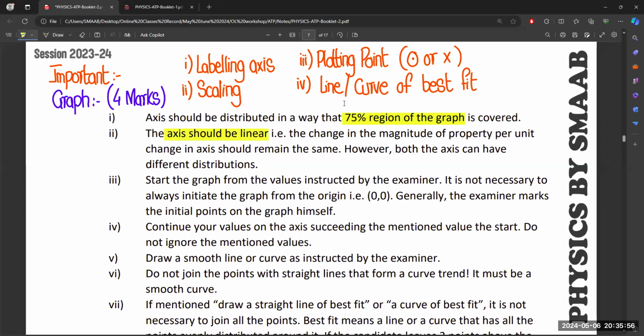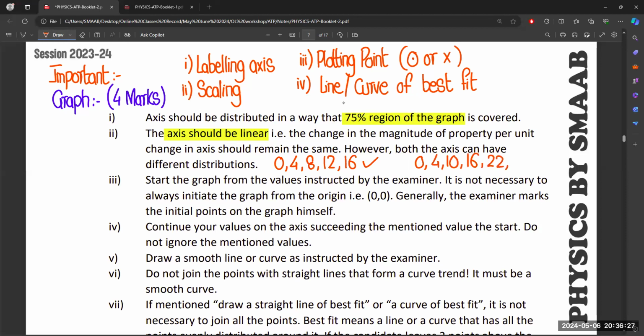And axes should be linear. Axes should be linear means, let's suppose you are marking the values on the graph like 0, 4, 8, 12, 16. Now you can see there is a difference of 4, right? So this is correct. But let's suppose you are marking readings like 0, 4, then 10, then 16, then 22.